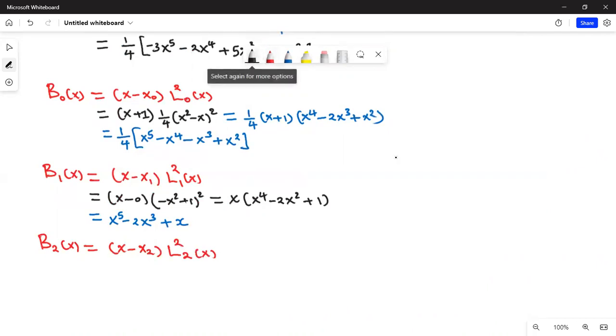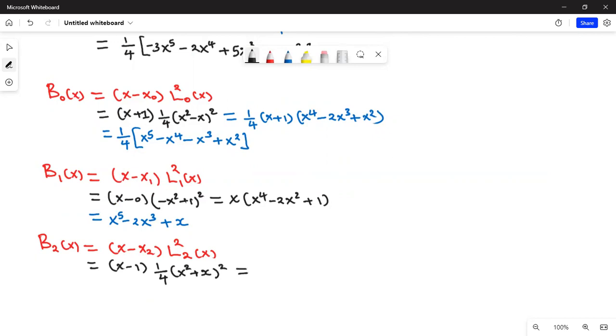If you make the substitutions, this will give us x minus 1. Our L2 of x was 1 over 2 into x squared plus x. Now that's what we need to square to get 1 over 4 x squared plus x, and this is supposed to be squared.